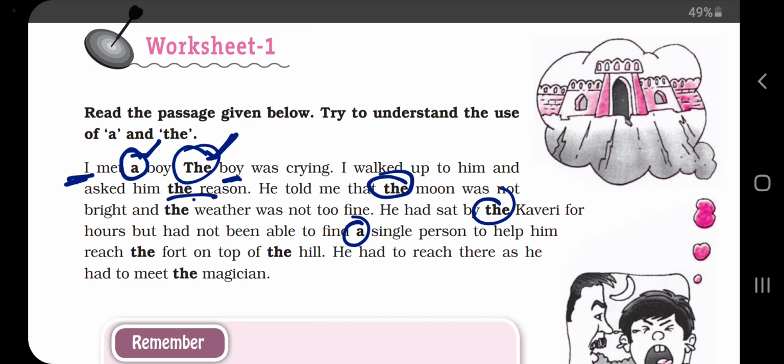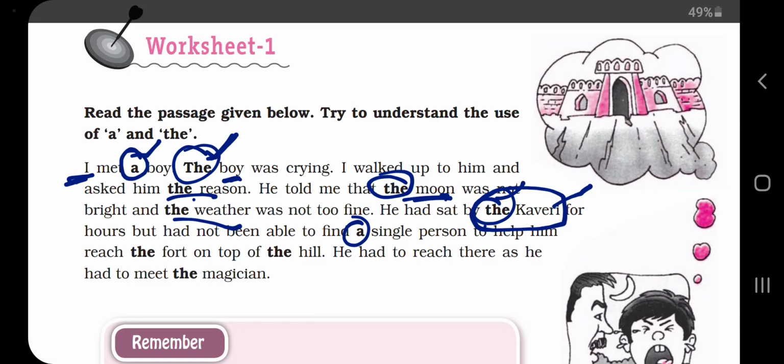He told me that the moon, now moon is a unique thing, before it also the comes, definite article, was not bright, and the weather, before weather also the will come, was not too fine. He had sat by the Kaveri for hours. Now see here, Kaveri, if it is the name of a particular person, then the should not be used.